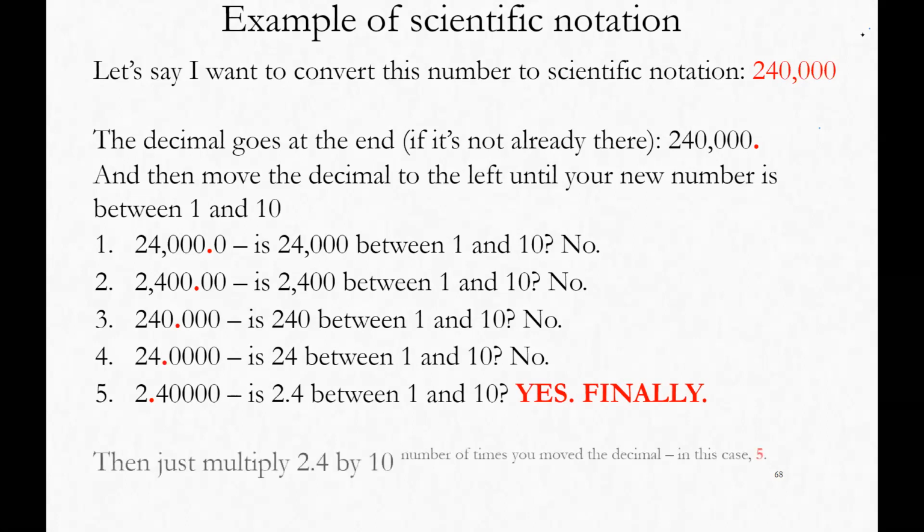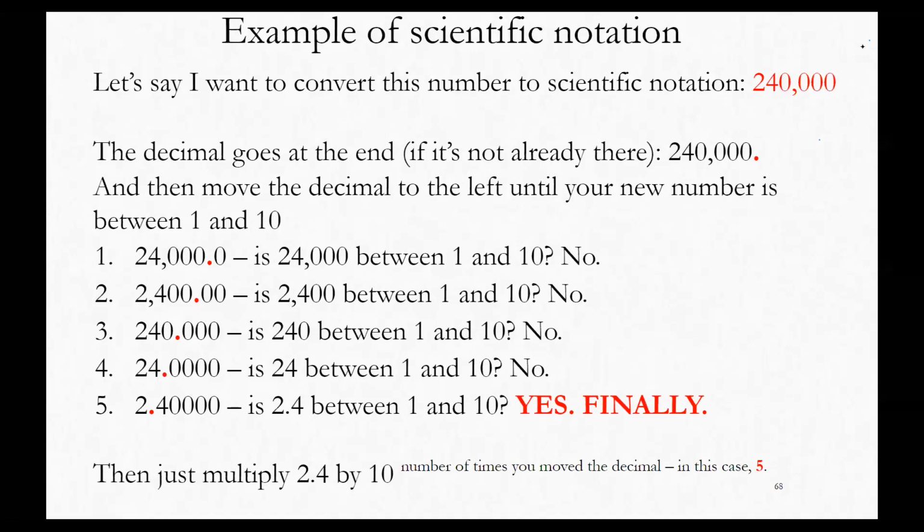So now we ask ourselves, how many times did we move that decimal? Well, we moved it 1, 2, 3, 4, 5 times. So then our number is 2.4 times 10 to the 5th power. Let me write that out so we can all see it. So we've got 240,000, and we want to convert that into scientific notation.